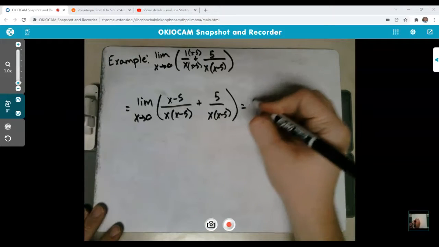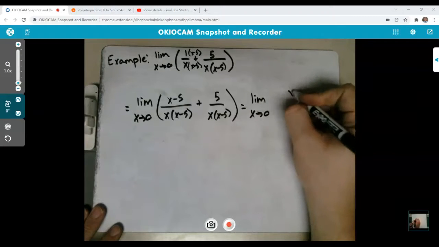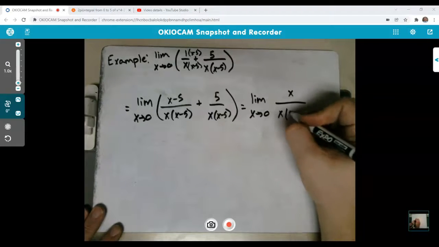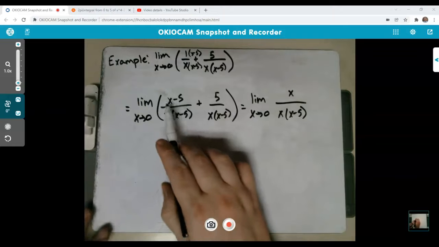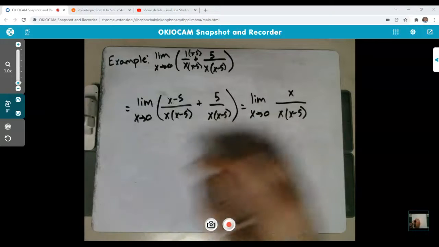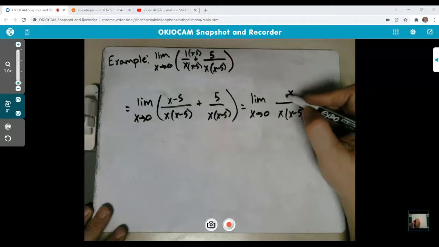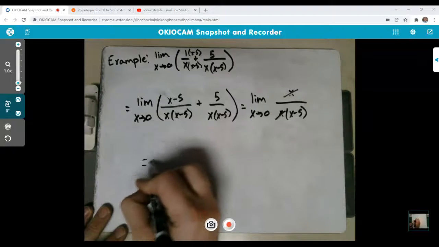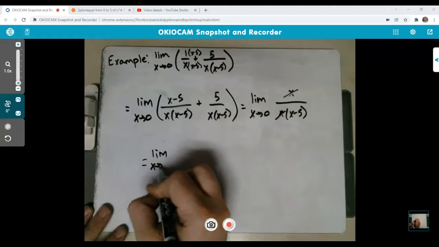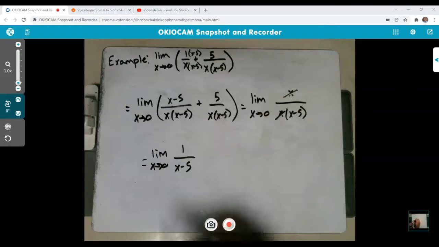The 5's cancel out. So that's just the limit as x goes to 0 of x over x times x minus 5. Now they have an x and an x, so I can just cancel those out, which gives me the limit as x goes to 0 of 1 over x minus 5, which means now I can just plug it in.